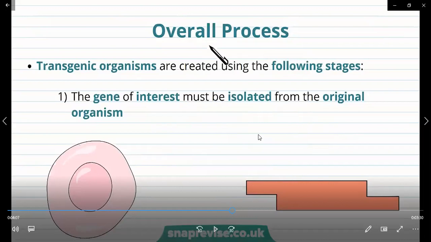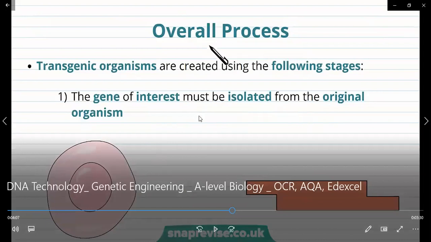Meaning you would use enzymes to cut out the section that you are interested in from the chromosome. So that is the first step of the entire process, which is to find the gene of interest and isolate it from your original organism, as you're seeing there as your step one.